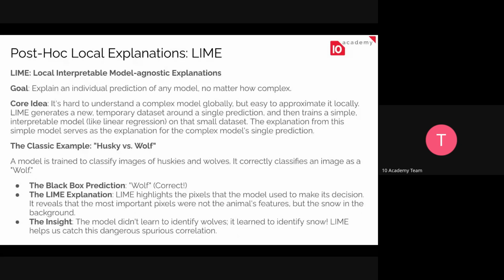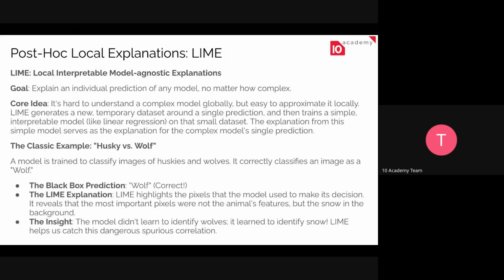LIME generates a new temporary data set around a single prediction, and then trains a simple interpretable model like a linear regression on that small data set, and uses the explanation from this model to serve as explanation for the complex model's single prediction.